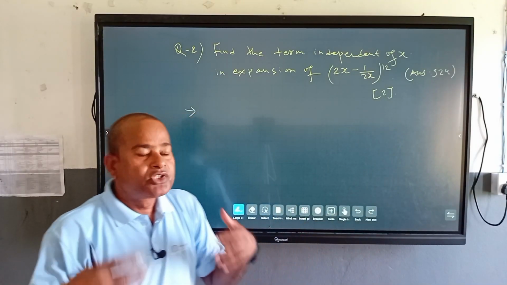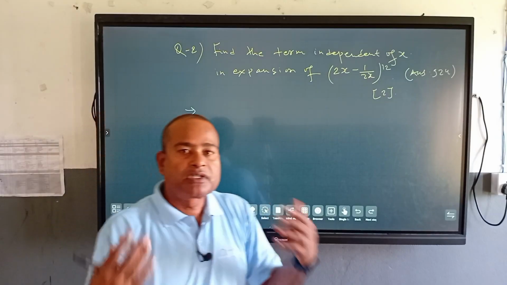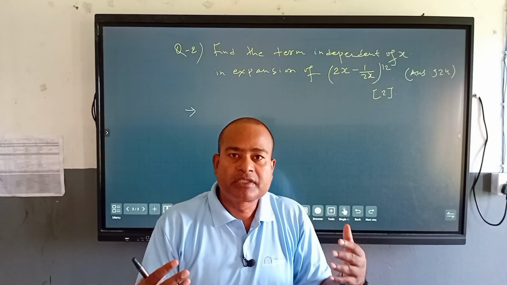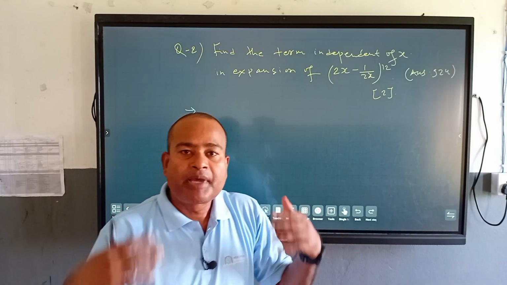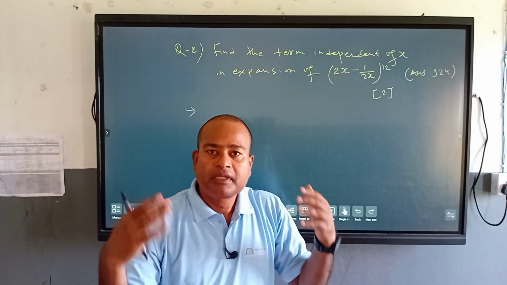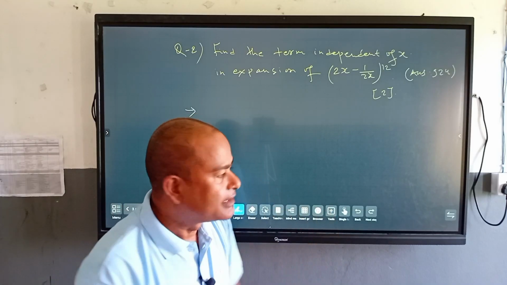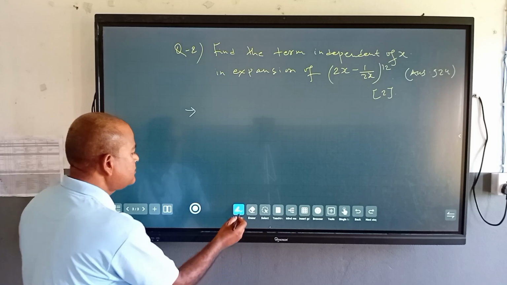So dear students, to solve this question, we'll use the formula of the general term of the binomial expansion of (a + x)^n. So here we go.